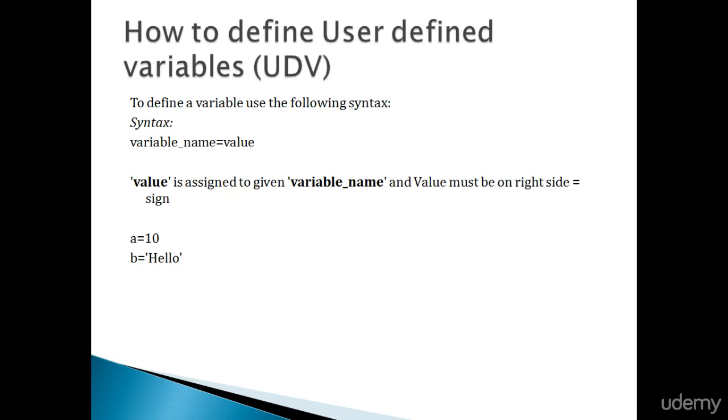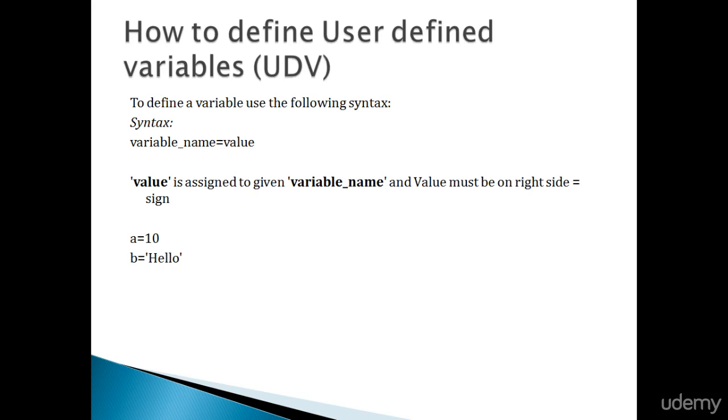So how to define user defined variables? To define a variable, use the following syntax: variable name is equal to value. In contrast with other programming languages, be it PL/SQL or Java, we need not declare or mention the data type of the variable that we are defining.